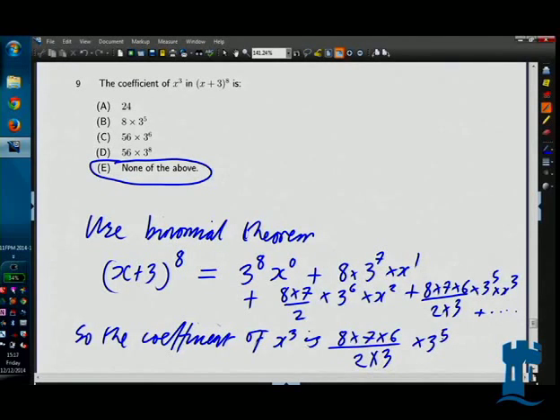Which is close to some of the others, but it comes out as 56 times 3 to the 5th. So it's not quite any of them. So it's a none of the above.